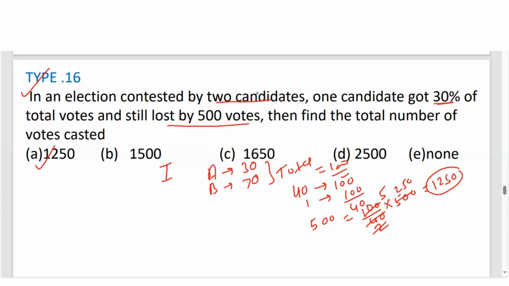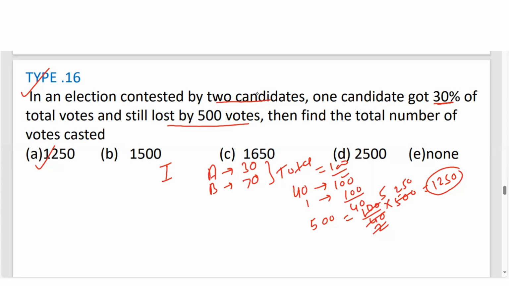So again, repeating the basic concept: for every question of percentage, just assume 100. The question is that two candidates contested an election, and one got 30%. That means 30 votes in 100, and the remaining votes go to the other. So the remaining is 100 minus 30, that is 70.